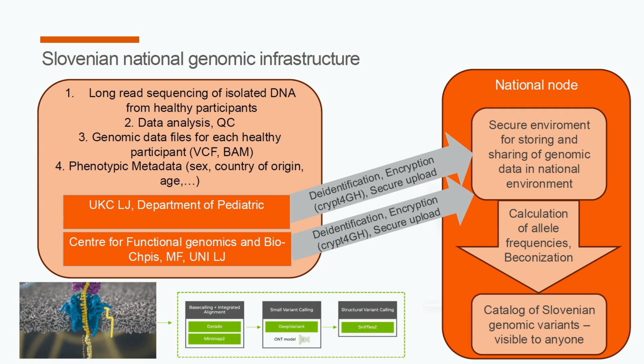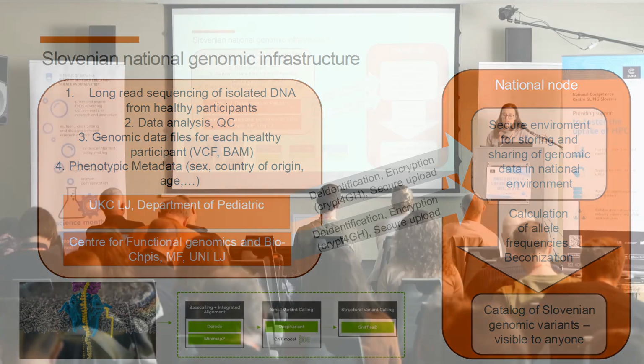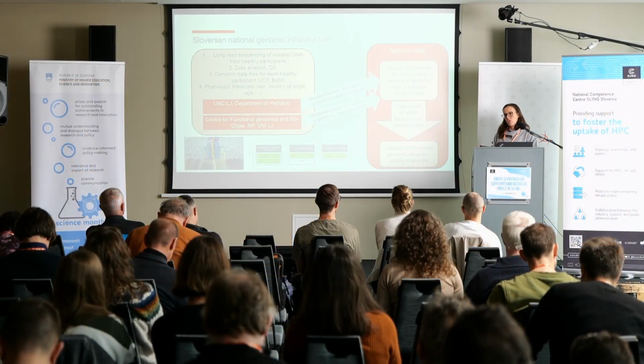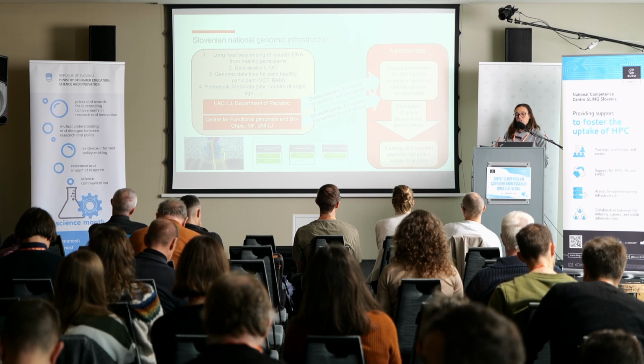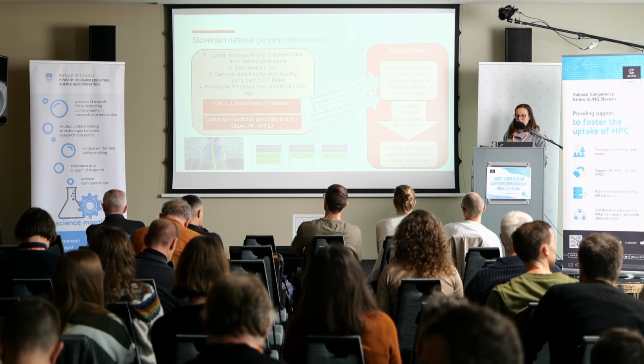Then we have final genomic files with phenotyping metadata: sex, country of origin, and age. The data are de-identified, so they are anonymized and encrypted, and then we have a secure upload to the national node. The national node serves as a secure environment for storing and sharing this data.